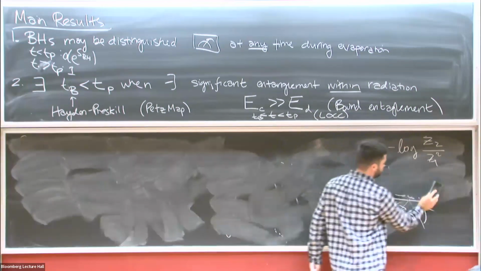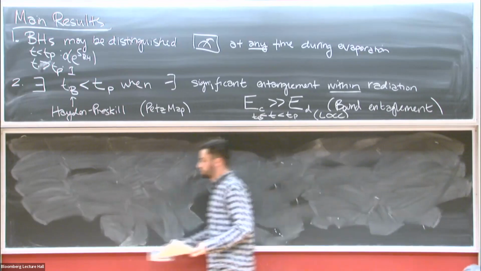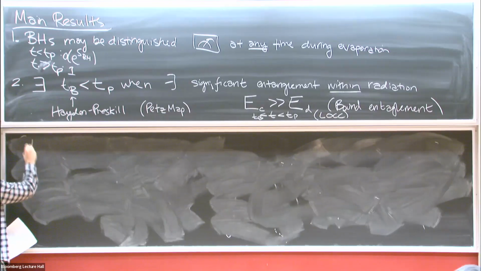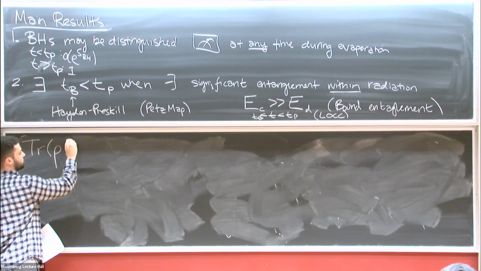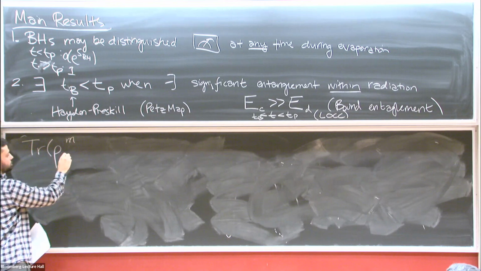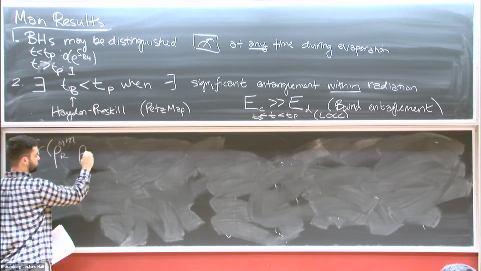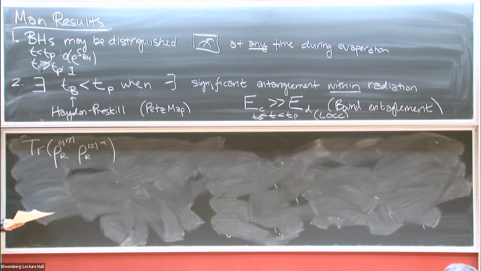I'll just write one of the answers. So for this fidelity I wrote before, you have to look at higher replicas. You have to compute rho 1 r to the m, rho 2 r to the alpha for arbitrary integer m and alpha.